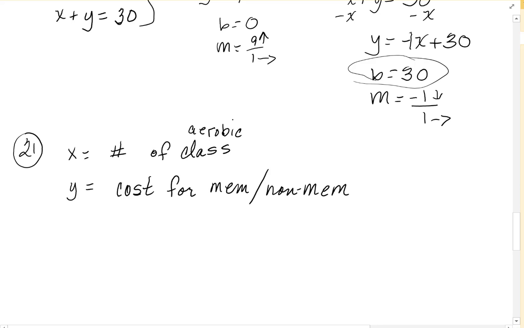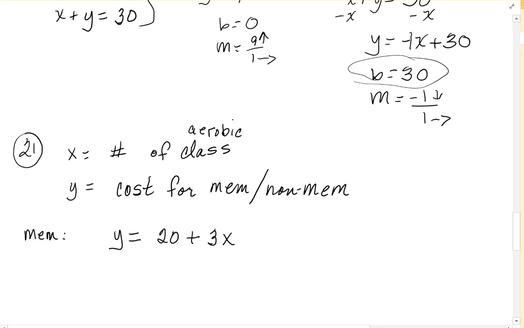Okay. Now, because it wants to know when they're the same, that would be a point of intersection. So let's look at what's going on for the members. The cost, Y, is they pay $20 plus $3 for each class.